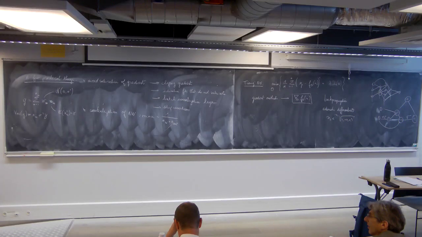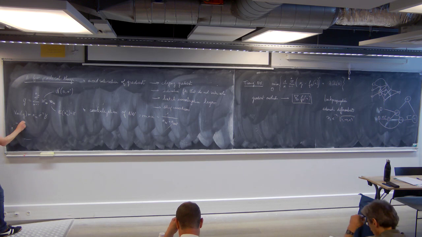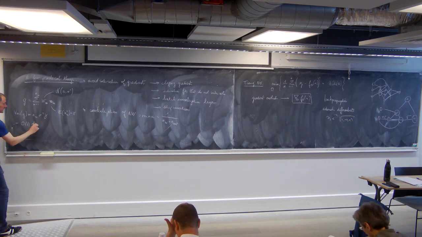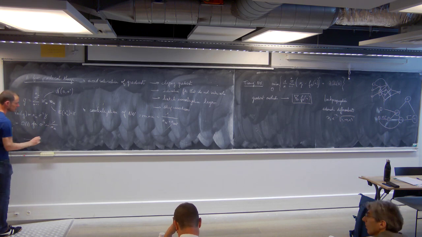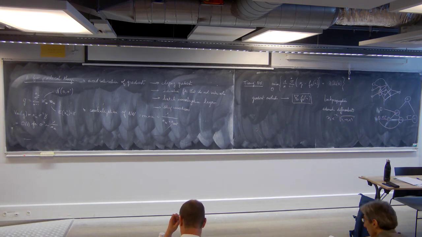And so in order for it to be of order 1, this means that typically sigma squared should scale as 1 over the number of incoming connections. That's the rule of thumb that tells you that if you don't want the quantities that appear in the neural network to degenerate, you should use those kinds of scalings.